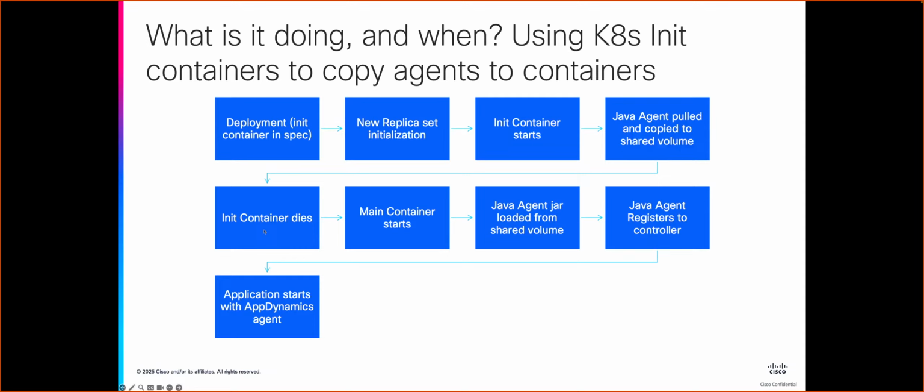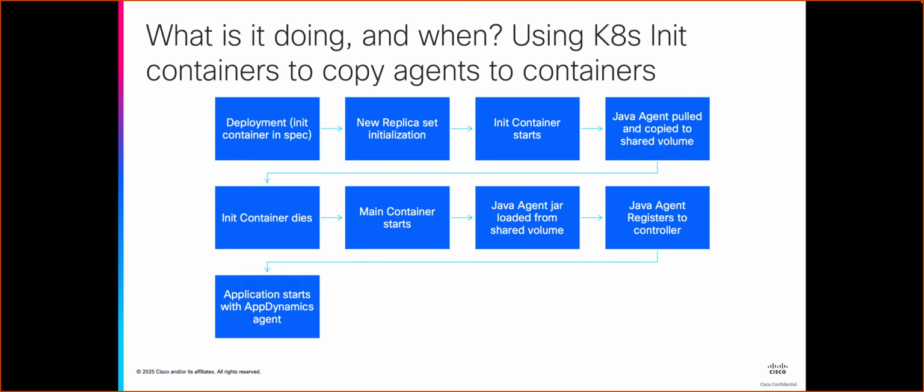And then the init container will die, and then start the main container with that already replicated into it. The Java agent will already be in there. And then the Java agent will register to the controller once the application starts, and then the application will start reporting into the controller.